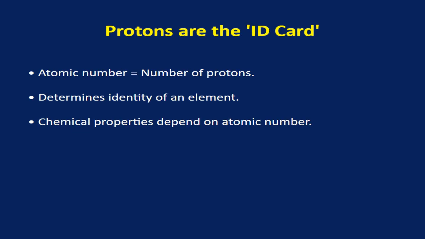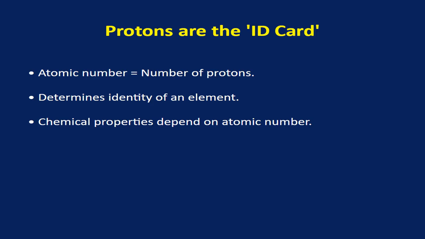Protons are the ID card. Here is a key point for your exam. The atomic number is just the number of protons in an atom. Think of it like a roll number or an Aadhaar card. It determines the atom's identity.